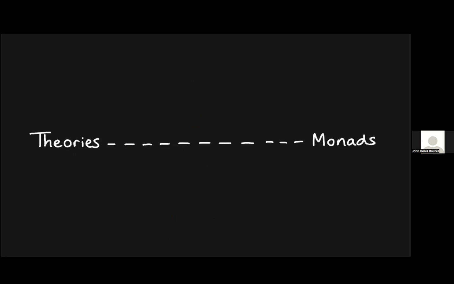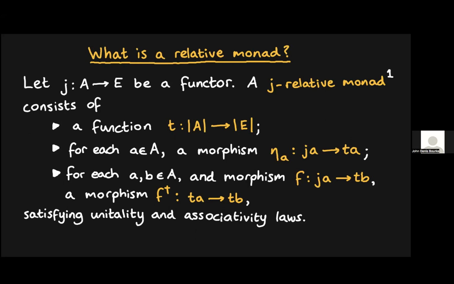So I'm going to outline a proof of the monad theory correspondence, which is new. To do that, I'm going to introduce this intermediate notion of relative monads. What is a relative monad?